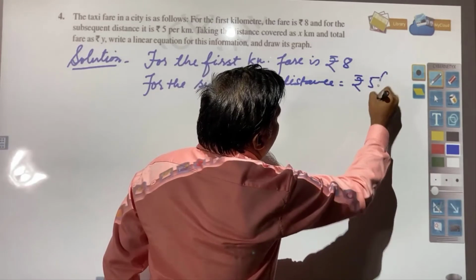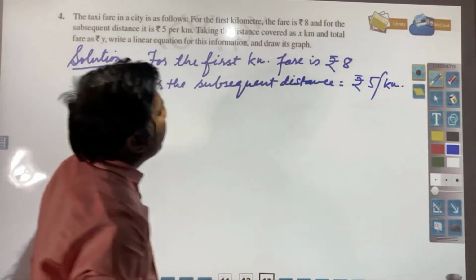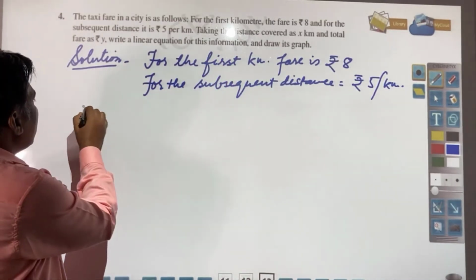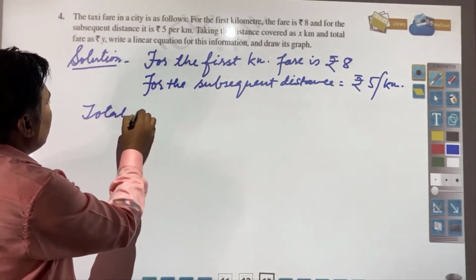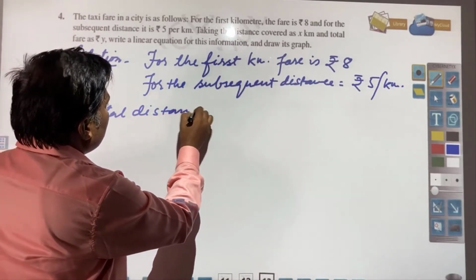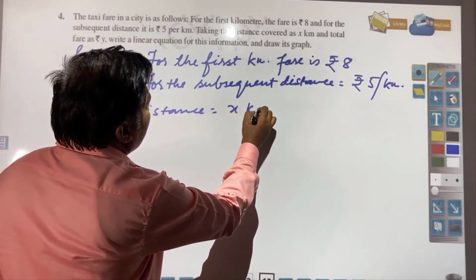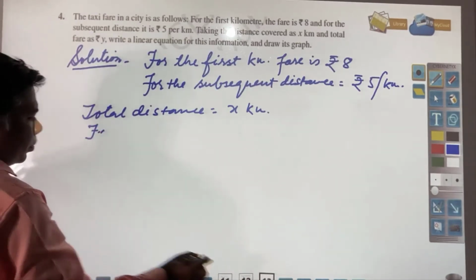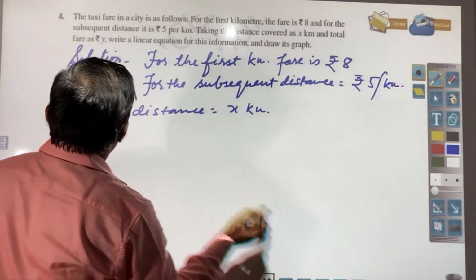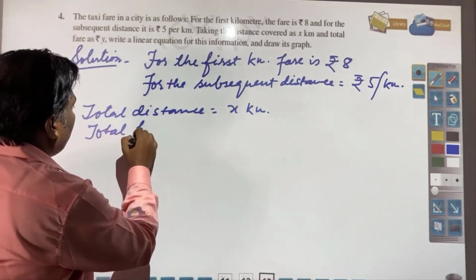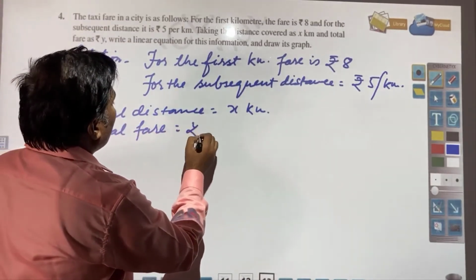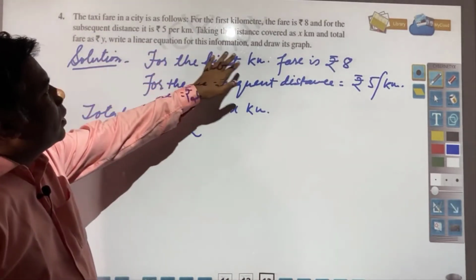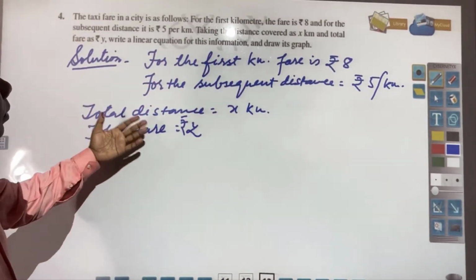Rupees 5 per kilometer. Now taking the distance covered as x kilometer, total distance x kilometer, and total fare equal to y rupees. Write a linear equation for this information. So you need to form an equation.